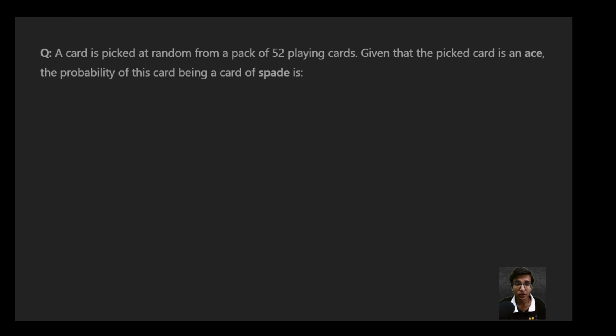Let us look at a question to get clear about this. Let's say a card is picked at random from 52 playing cards. So our total outcomes are of course 52. Given that the picked card is an ace, what we can say here is that B is ace. We've already picked B, which is our ace. What would be the probability of this card being a spade? That is A. So how do we write P of A given that B has occurred?